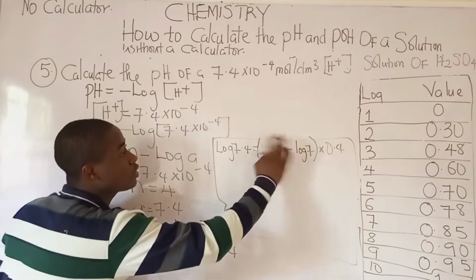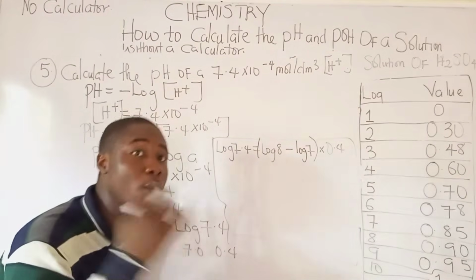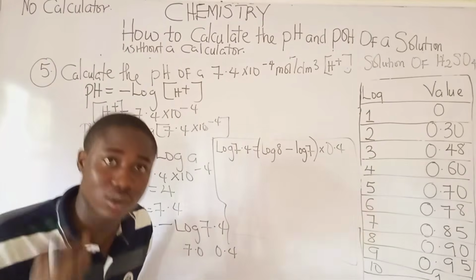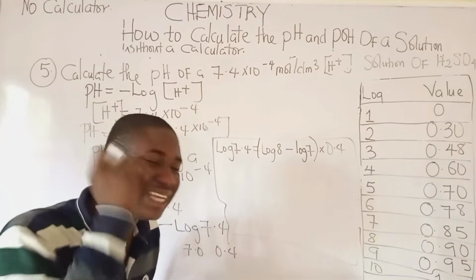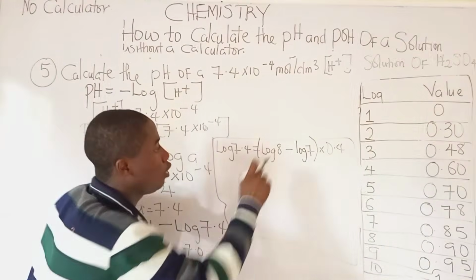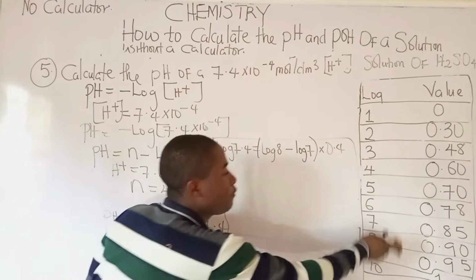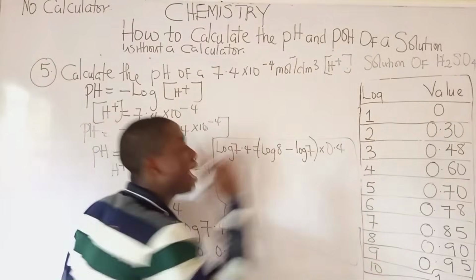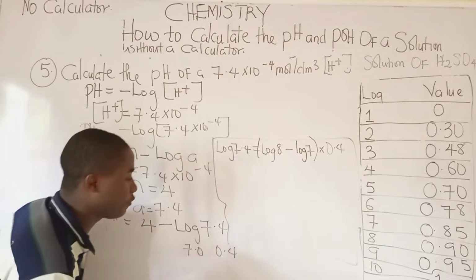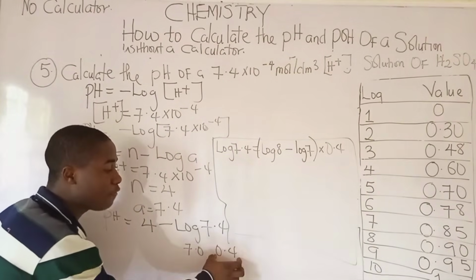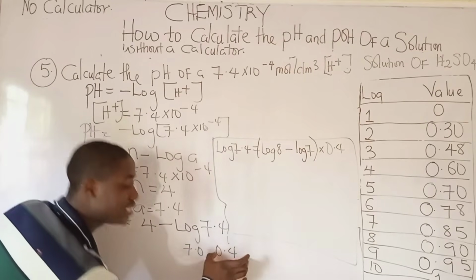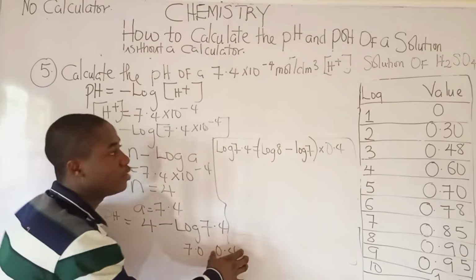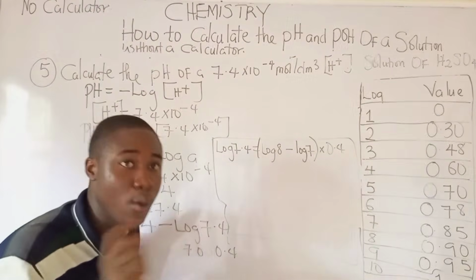So we simply times the difference with 0.4. This is how the concept works. Actually, I'll be giving another question, so you try to use the same approach and get the answer. Log 8 minus log 7, because it's found in between the range of these two values, times 0.4. You can see why 0.4, because 0.4 makes up this 7.4, because 7 and 0.4, so you take this smaller value here. So you now times with 0.4.